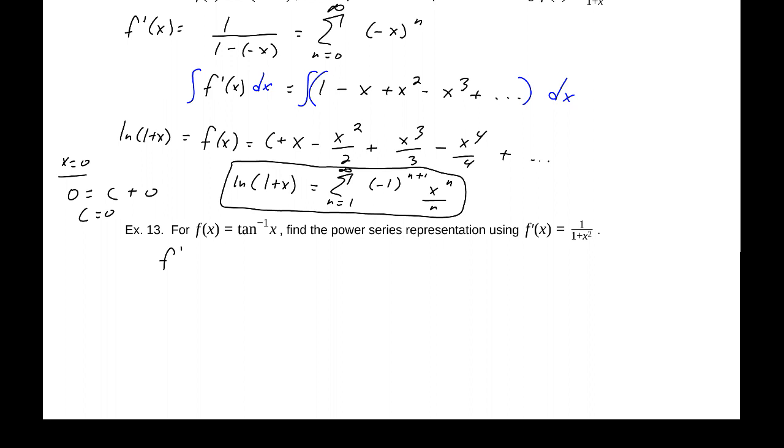All right, f prime of x equals 1 over 1 minus negative x squared, which is the sum, n equals 0 to infinity, of negative x squared to the n, so it'll be negative 1 to the n, x to the 2n.